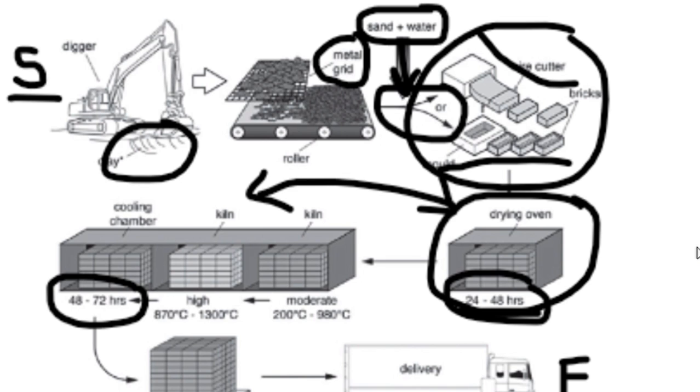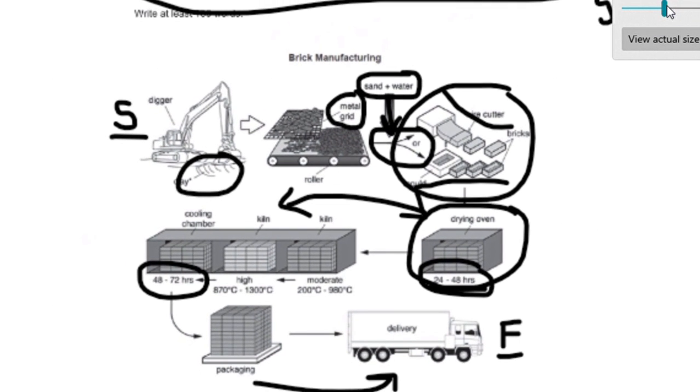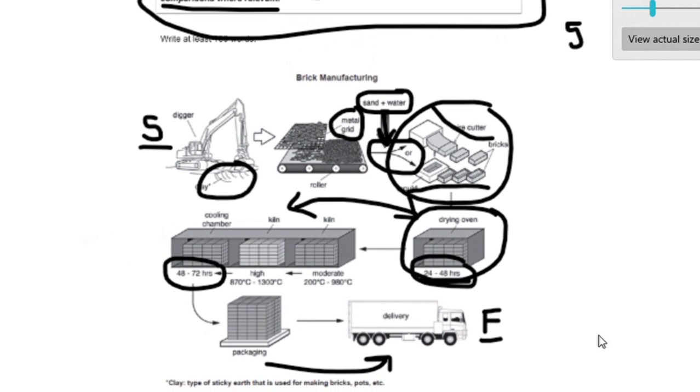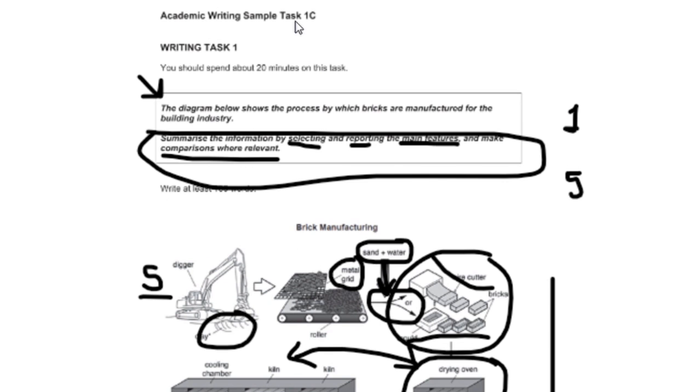Okay, so we have looked at line charts, we have looked at bar charts, and now we have looked at a flow chart. The flow chart gives you pictures rather than data. But the important thing for you guys to remember is that no matter what you're looking at, your task is the same.